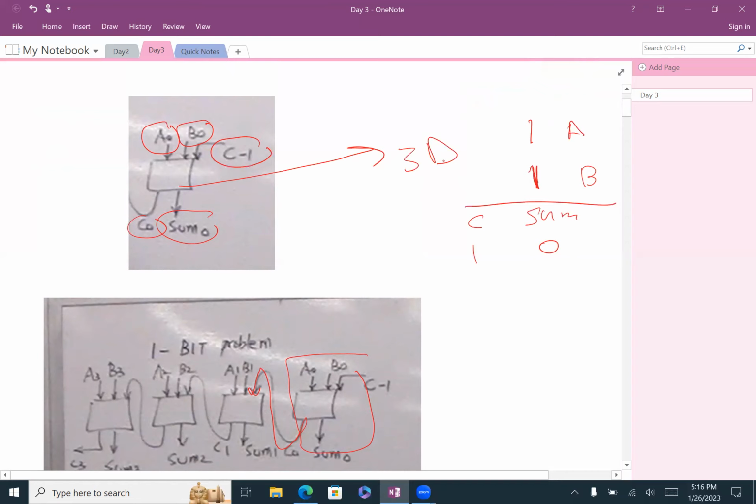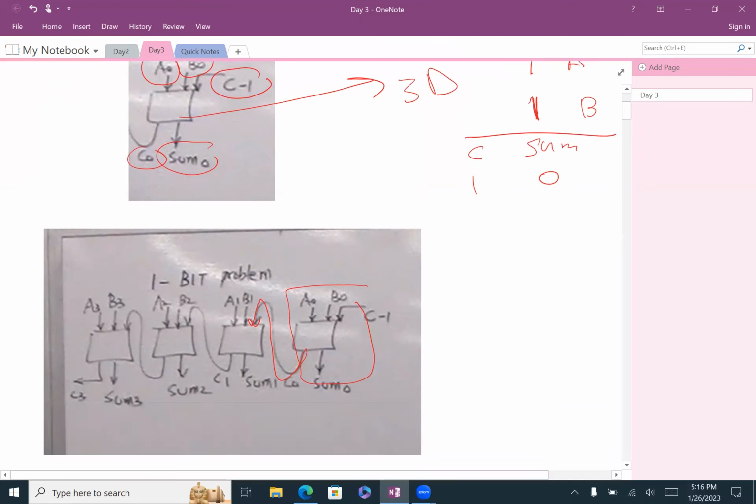So it's 3 delta. Now for the ripple carry adder, what is the total delta? 12. Can you explain that for me? Up to here 3, and then it's going to be 6 delta here, 9, and then finally here is 12.